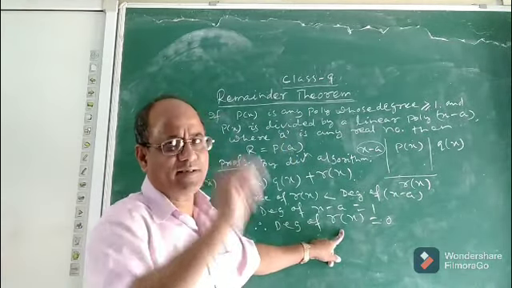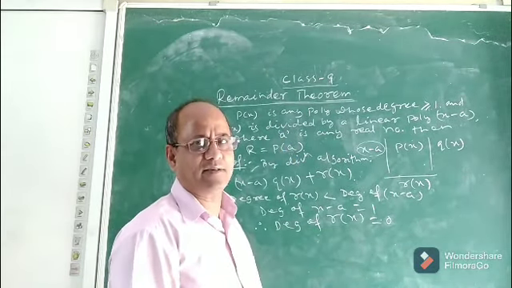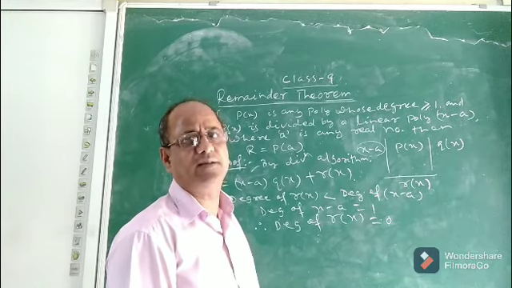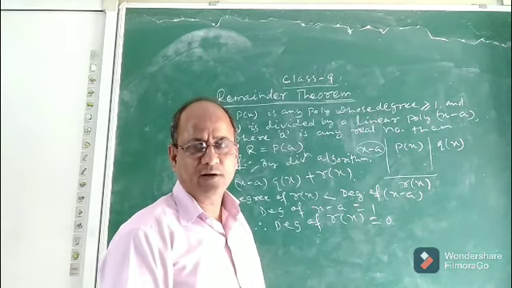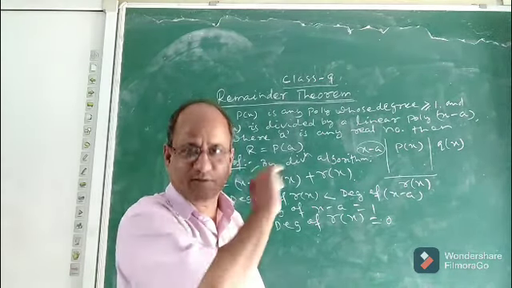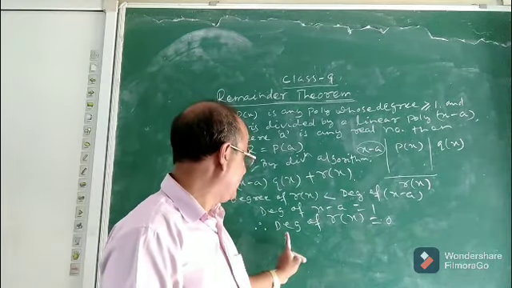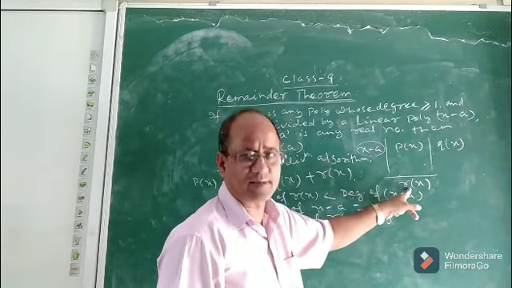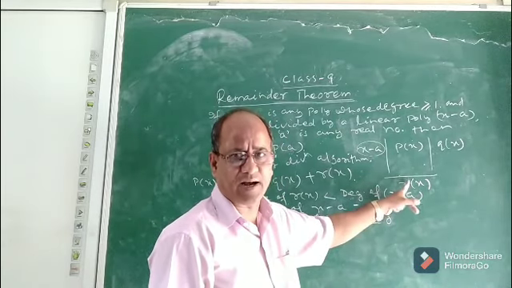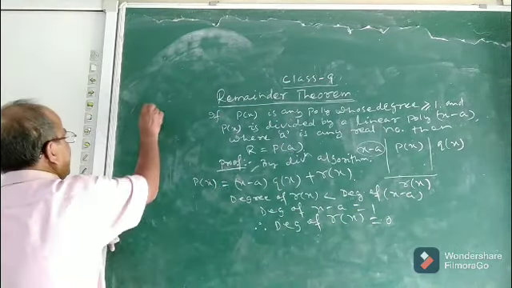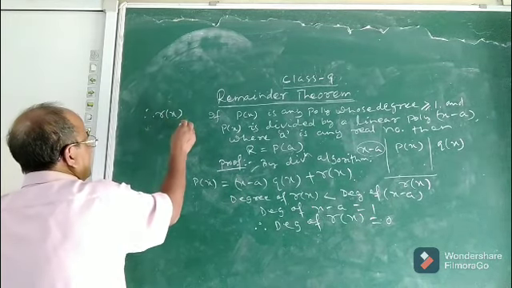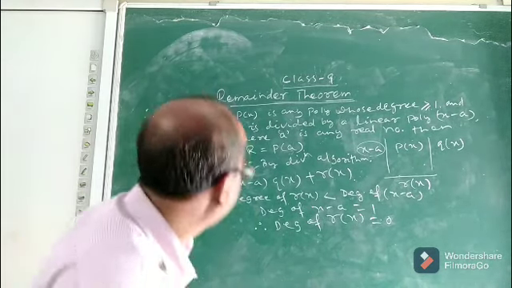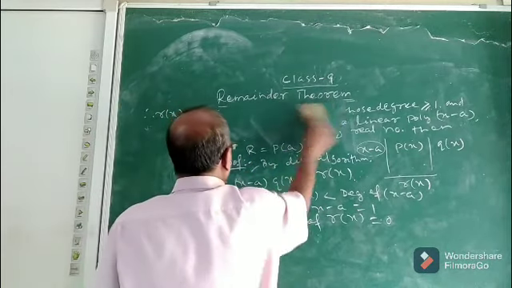Now, if the degree of R of x is 0, then what polynomial is it? It is definitely a constant polynomial, because the degree of a constant polynomial is 0, as we discussed earlier. So, since the degree of R of x is 0, R of x must be a constant.